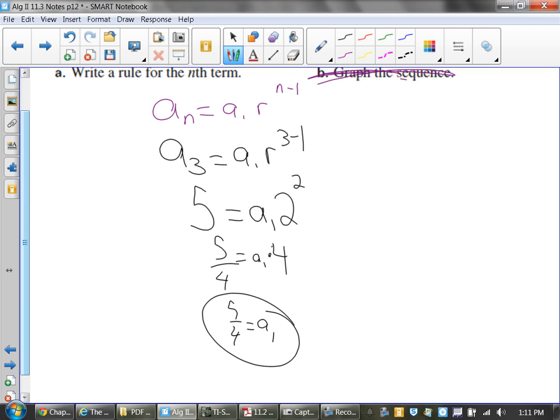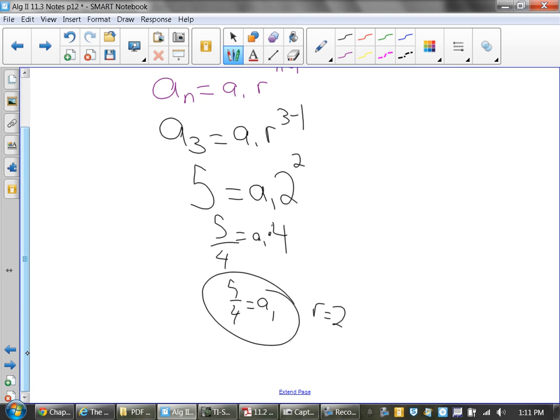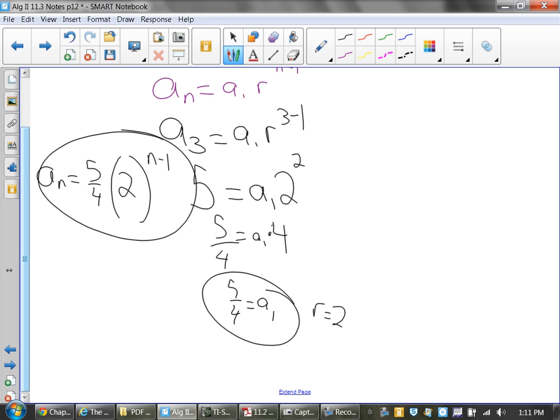And your ratio, I believe, was 2 to start with. Therefore, when we go to write our rule, it will be our first term times the ratio to the n minus 1. This is nothing more than a lot of substitution back into the generic formula and working your way out of it.